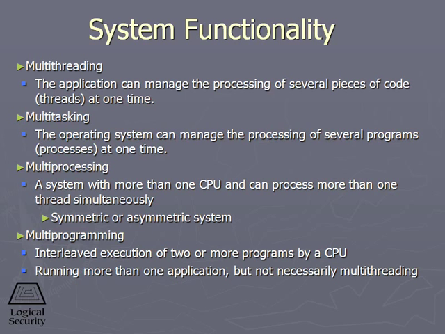With a dual core CPU, we can now process 2 threads simultaneously. If we do have multiple processors in a computer system, we can implement either symmetric or asymmetric multiprocessing.